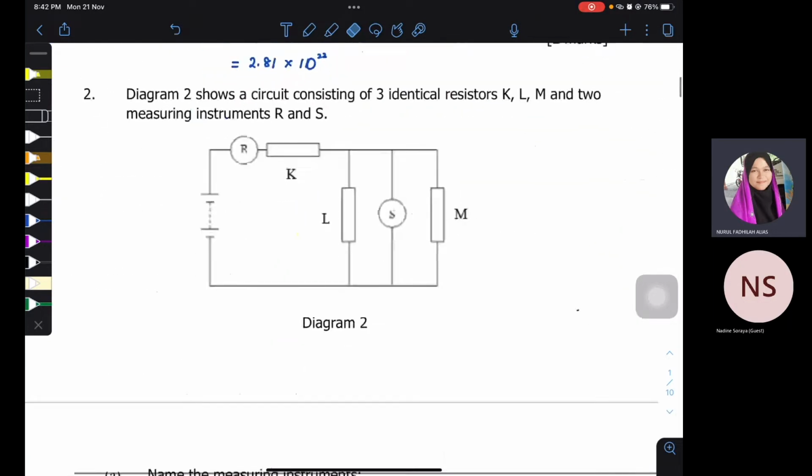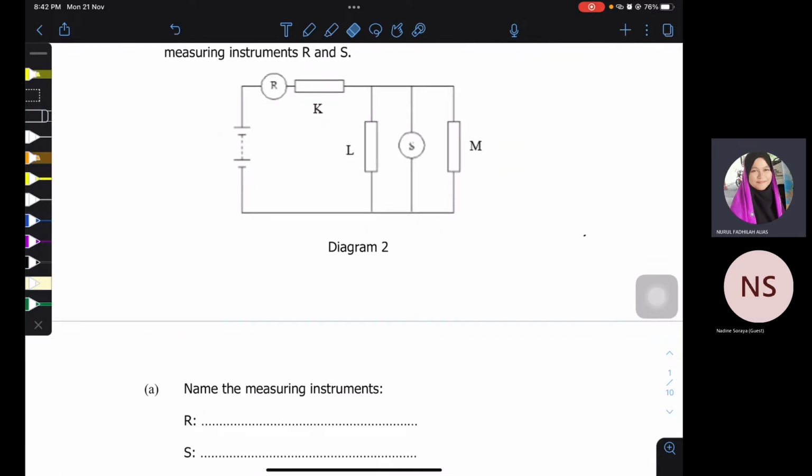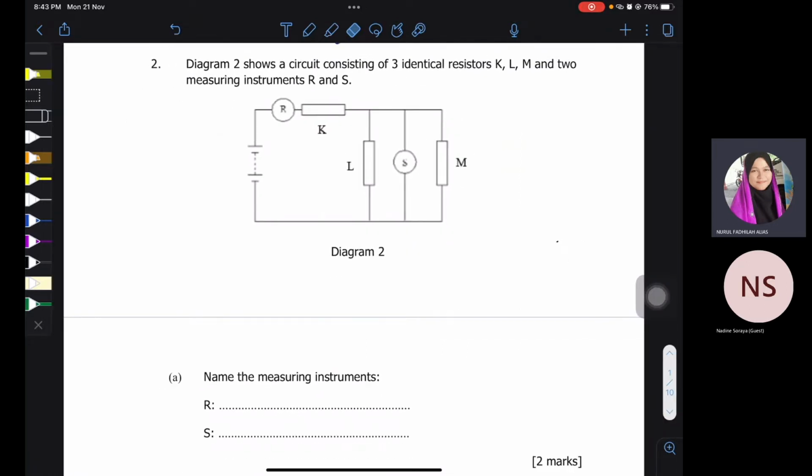Diagram 2 shows a circuit consisting of 3 identical resistors K, L, M and 2 measuring instruments R and S. Name the measuring instruments. So this is not difficult because dalam topik elektrik kita ada measuring instruments. Kita ada ammeter.